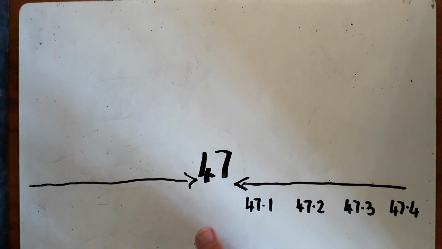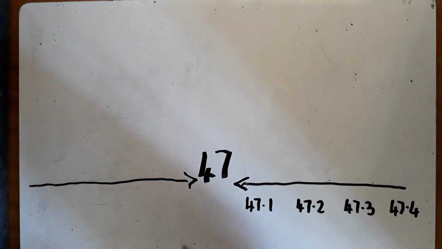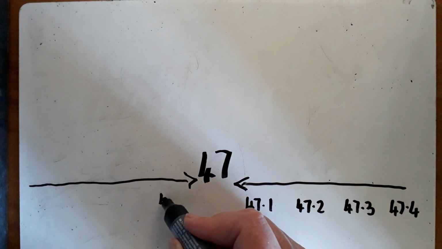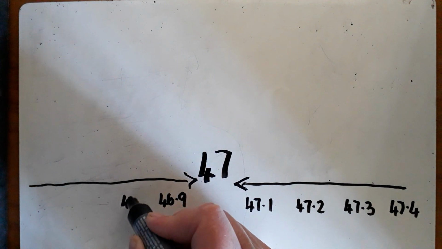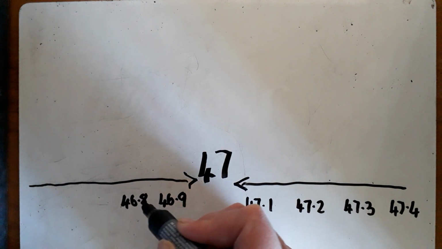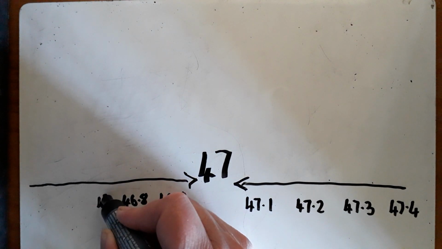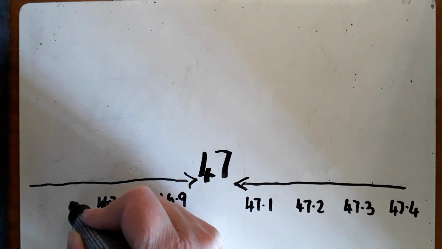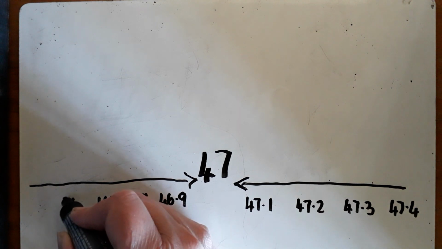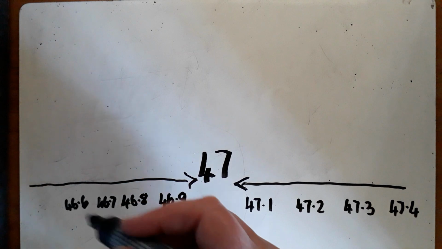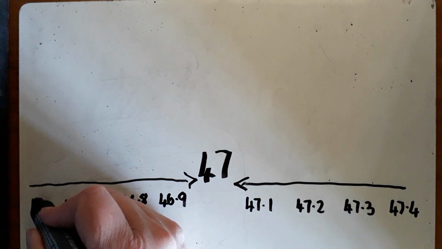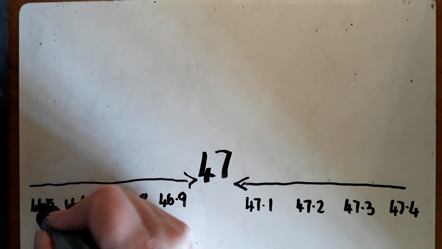And the numbers that would round up would be 46.9, 46.8, 46.7, 46.6 and 46.5.